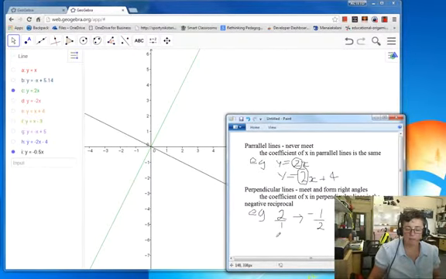If we have minus 3 over 2, our negative reciprocal is positive because the sign changes, 2 over 3. So it's the reciprocal of 3 over 2, 3 over 2 becomes 2 over 3, and the positive becomes negative. So the coefficient of x in perpendicular lines is the negative reciprocal.